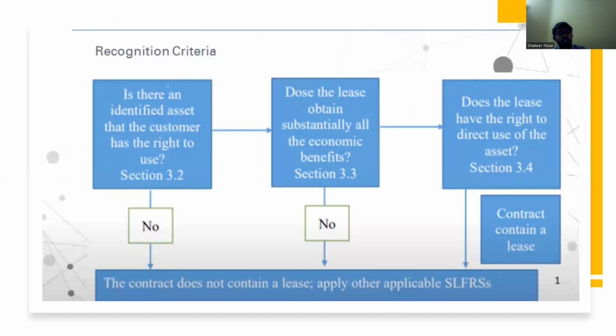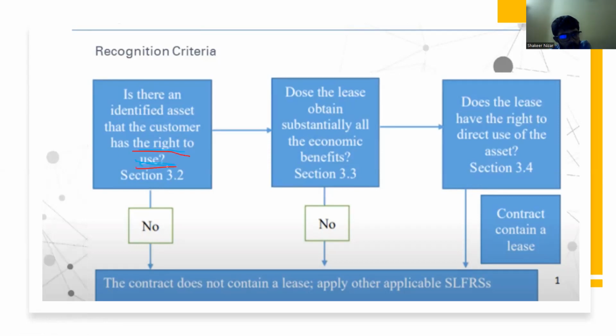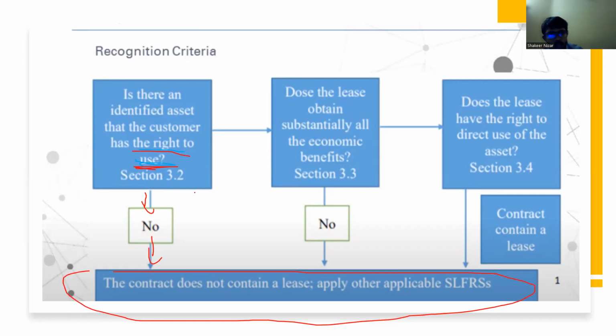Now the recognition criteria. Is there an identified asset that the customer has a right to use? The right to use should be there. If there is no right to use of that particular asset, there is no lease.